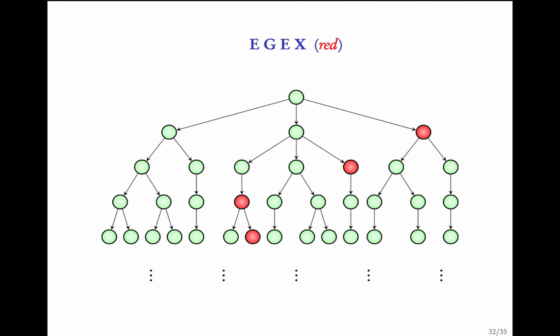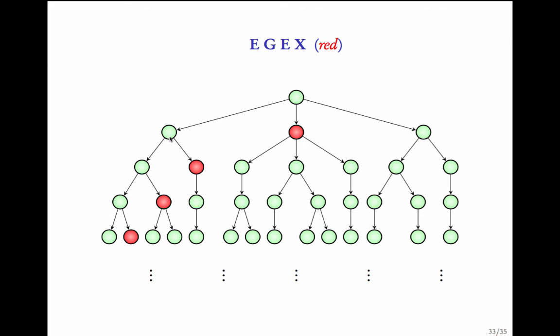This is a slightly complicated example. Please try to understand it step by step. This is another tree which satisfies the same property, EGEX red. Look at this path, the leftmost path. Every state satisfies EX red.